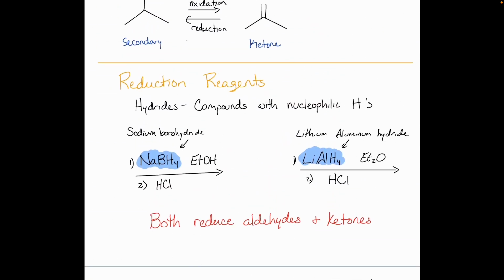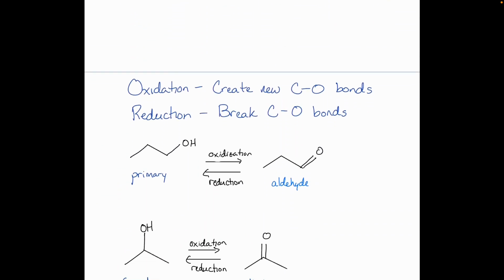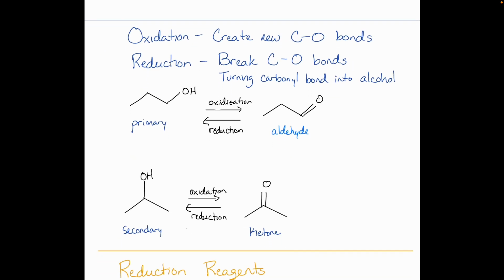So we can even make a note here. We're doing the same thing every time. Reduction, we're breaking a carbon-oxygen bond. So we're turning a carbonyl bond into an alcohol. All right, the opposite of our oxidation reaction.